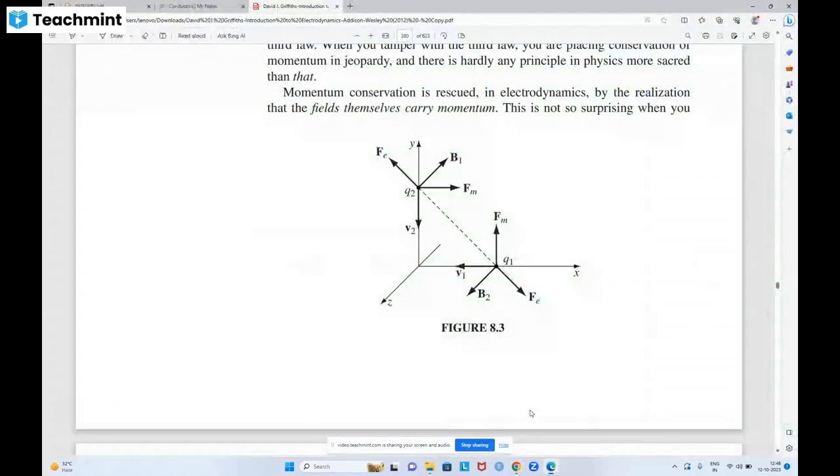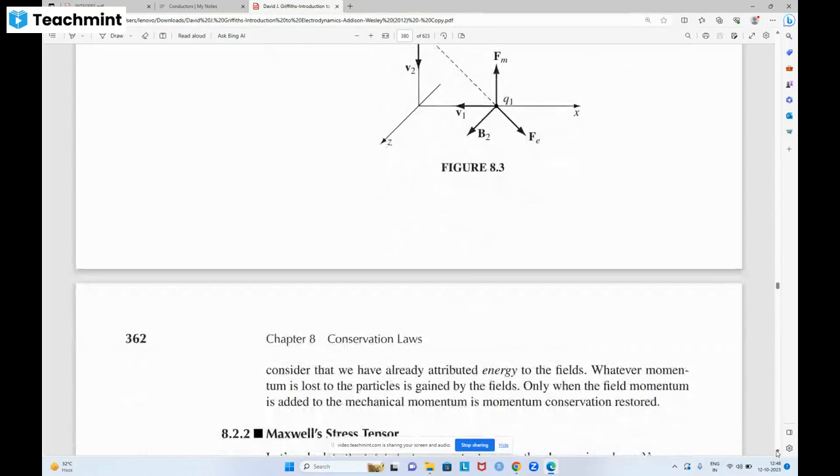Okay. So momentum conservation is rescued in electrodynamics by the realization that fields themselves carry momentum, and that is not so surprising when you consider that we have already attributed energy to the field. Whatever momentum is lost by the particles is gained by the field.